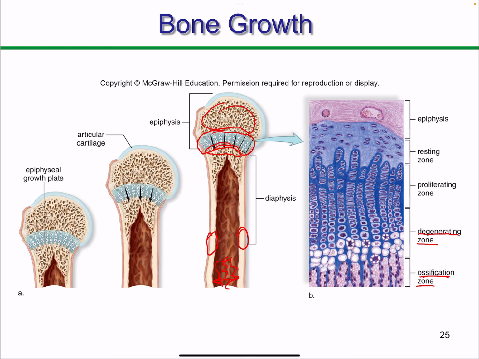Then we have the proliferating zone. The proliferating zone is the area where the cartilage is being produced. That production is necessary to allow an individual to grow. Then we have a resting zone. That resting zone is where not much activity is happening with the cartilage, right?